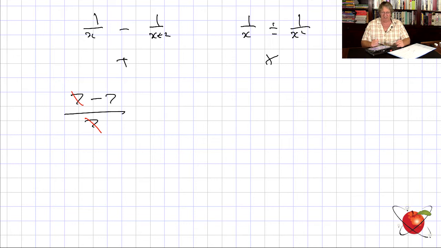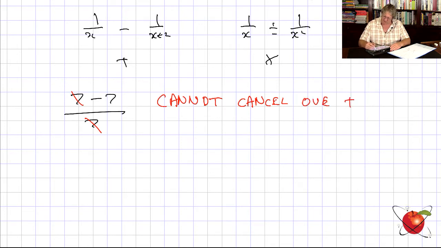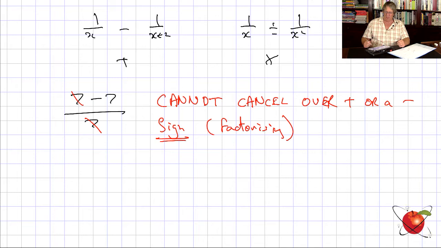You don't cancel out that 7. So you cannot cancel over a plus or a minus sign. There are ways that we're going to do it. They involve factorizing.